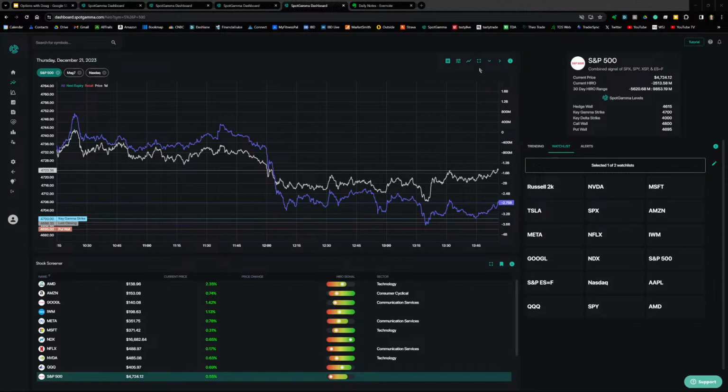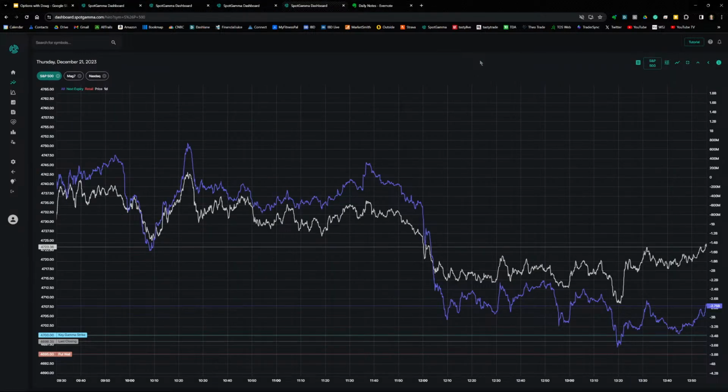All right, let's zoom in on this chart, take a closer look. So in the morning, the options trades and hedging activity were more typical of a positive gamma environment. This is mean reverting price action, selling highs, buying lows.